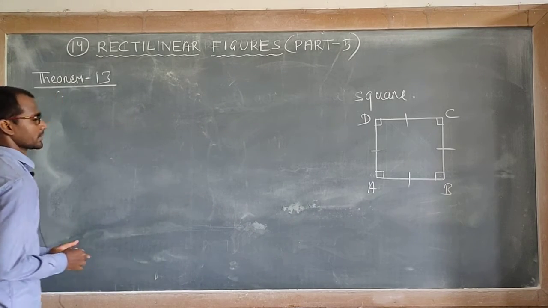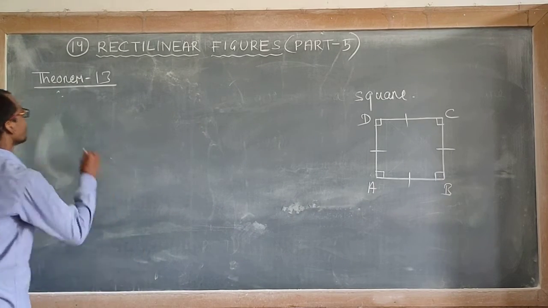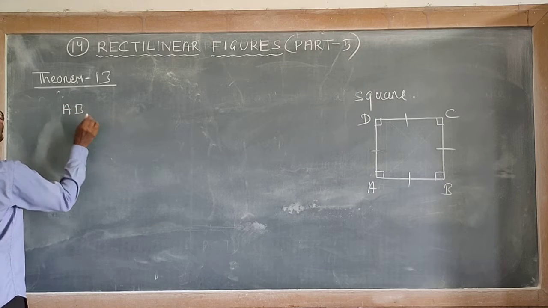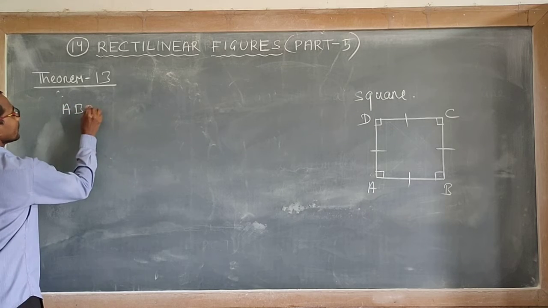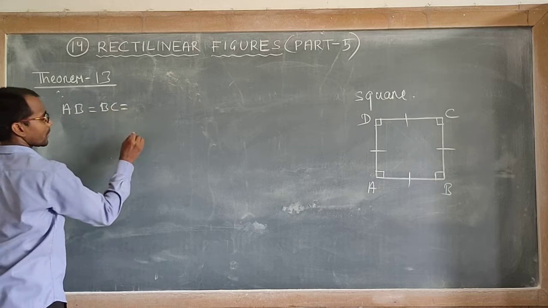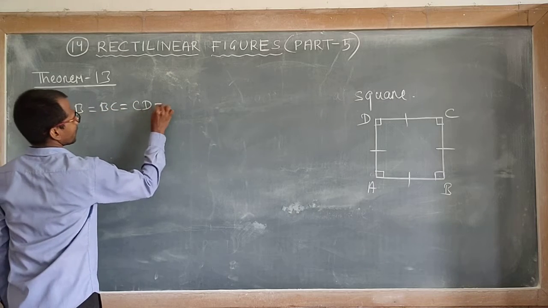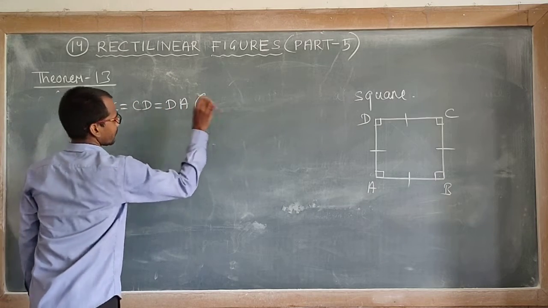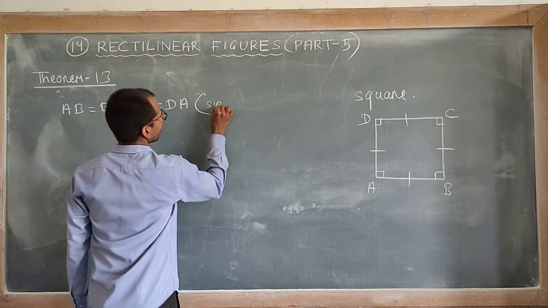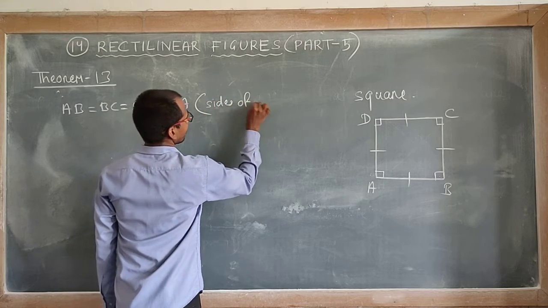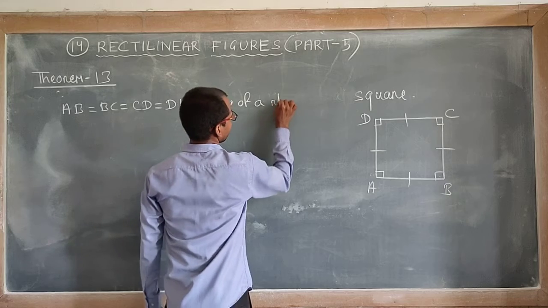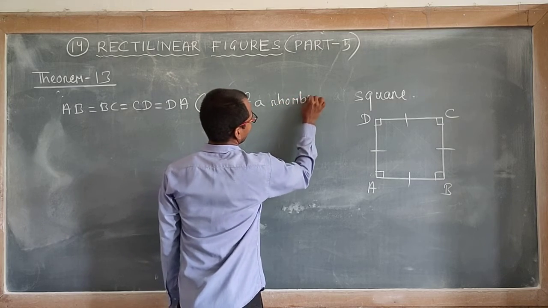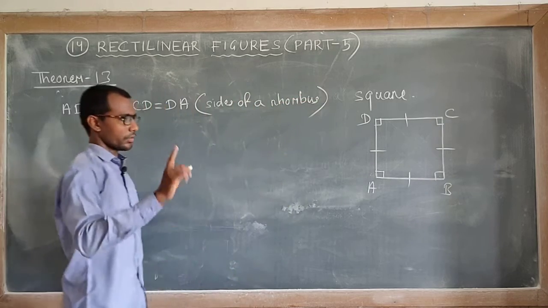So you can write like this, the proof part only. AB is equal to BC is equal to CD is equal to DA, sides of the rhombus. Okay, all the sides are equal.